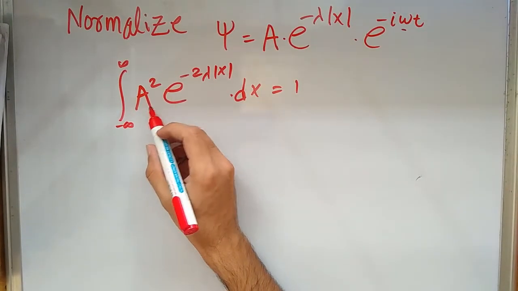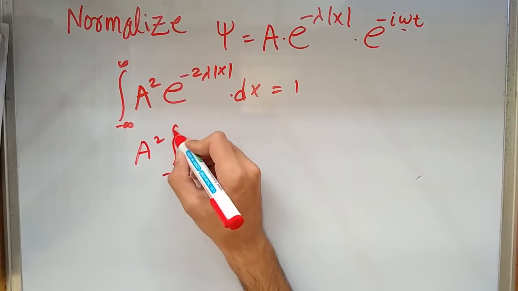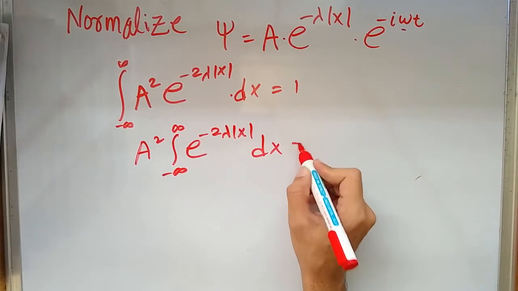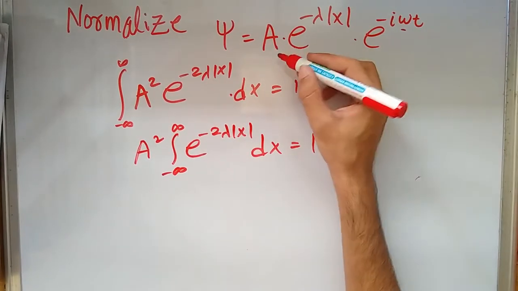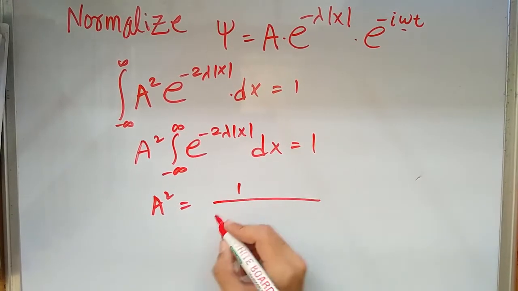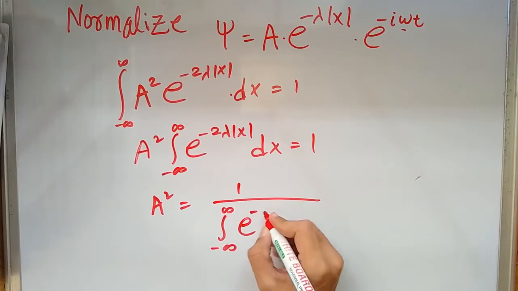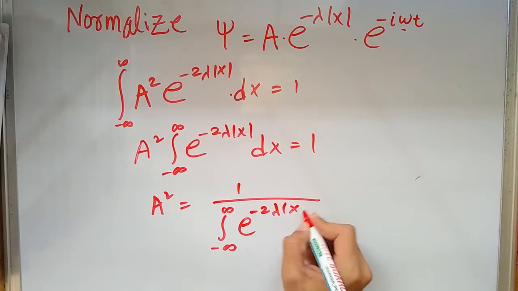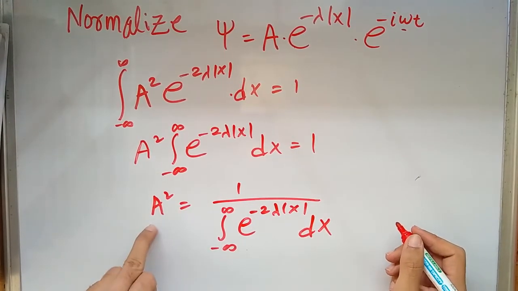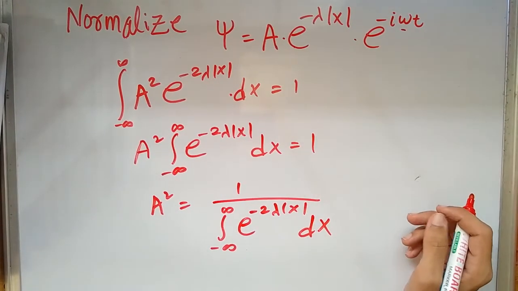So we will take this constant out, A square, and again rewrite the equation: A square times the integral of e to the power minus 2 lambda mod x dx equals 1. Now we need to find the value of A, so we will directly write A square equal to 1 upon the integral from minus infinity to infinity of e to the power minus 2 lambda mod x with respect to x. So this constant will tell us for what value of A the function is normalized.